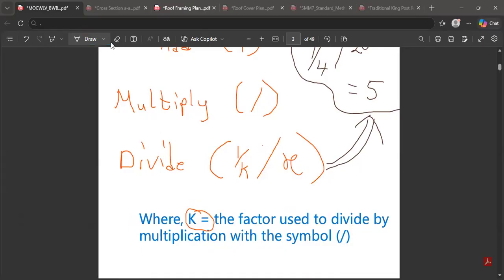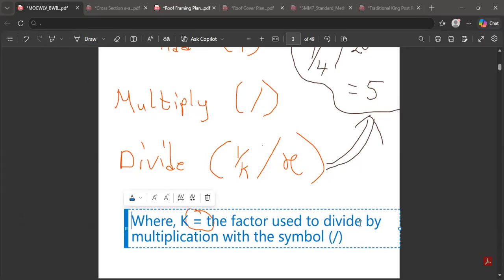Let me edit it better: k is equal to the factor used to divide x by multiplication with this symbol.